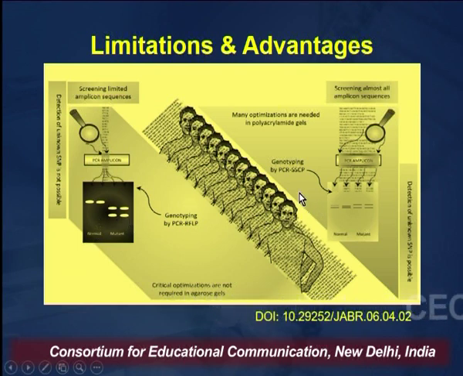But again, RFLP is a much simpler, easier procedure, and SSCP is a little cumbersome, not as cumbersome as sequencing, but it requires optimization. So one needs to choose which method to adopt, the PCR RFLP method or the PCR SSCP method, based on their requirements and availability.